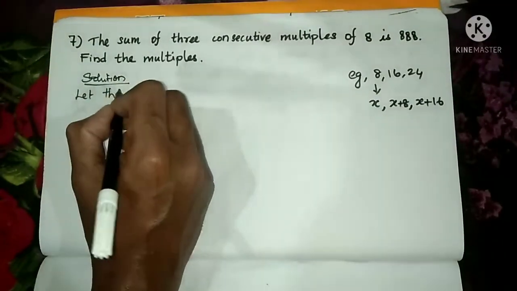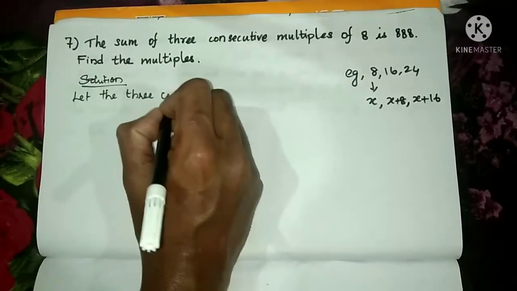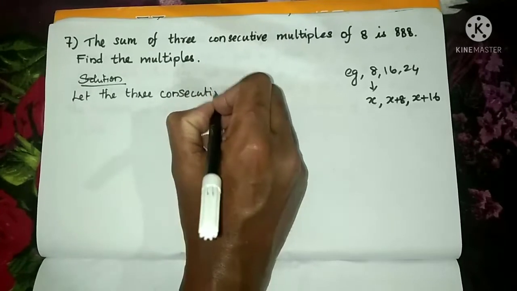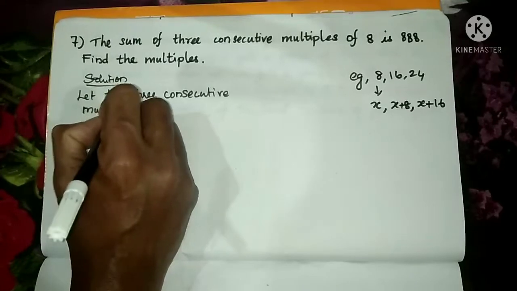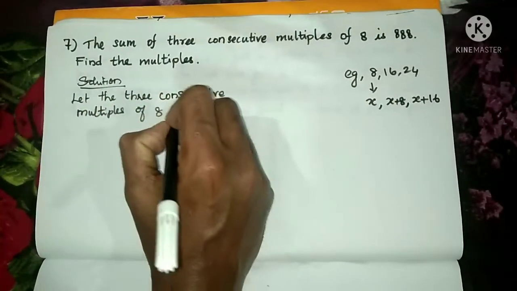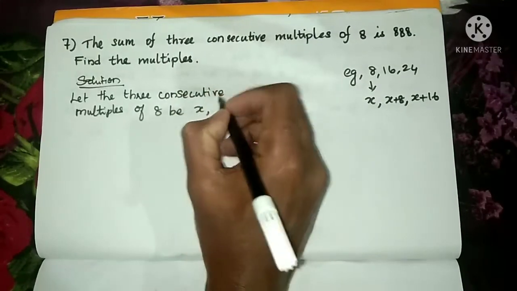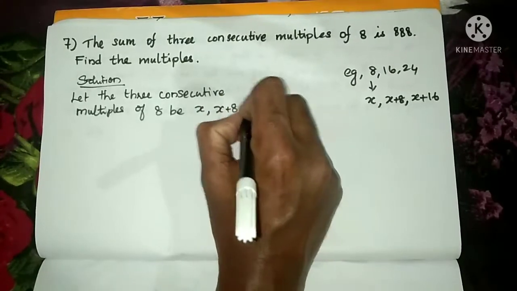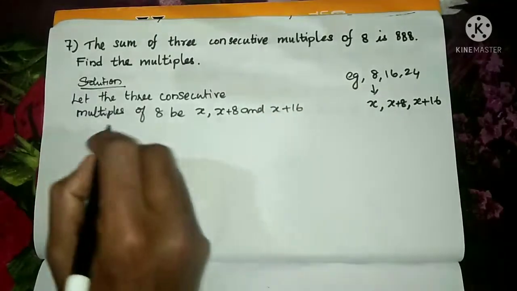Let the three consecutive multiples of 8 be x, x plus 8 and x plus 16.